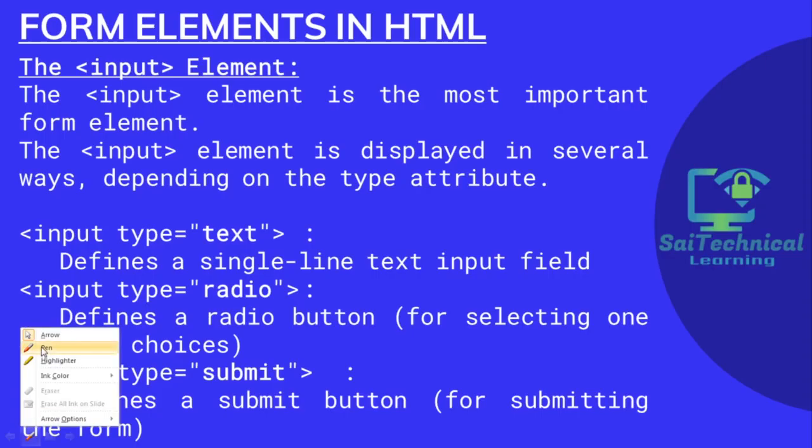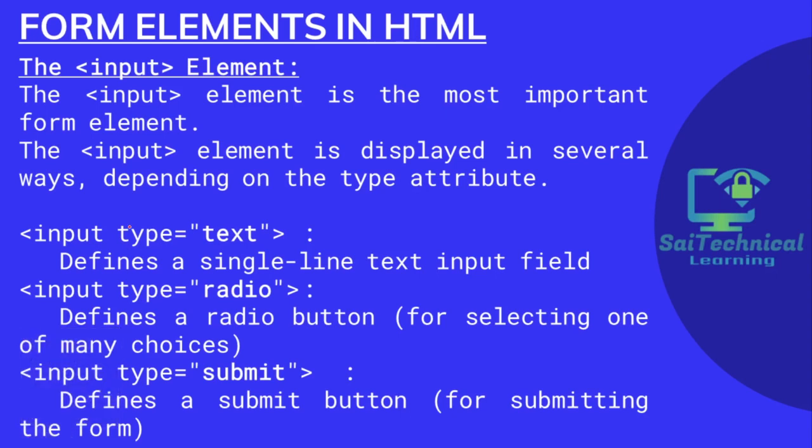Next one is the input element. The input element is the most important form element. With the help of the input element, it can be displayed in several ways, depending on the type attribute, like text, radio, and submit.